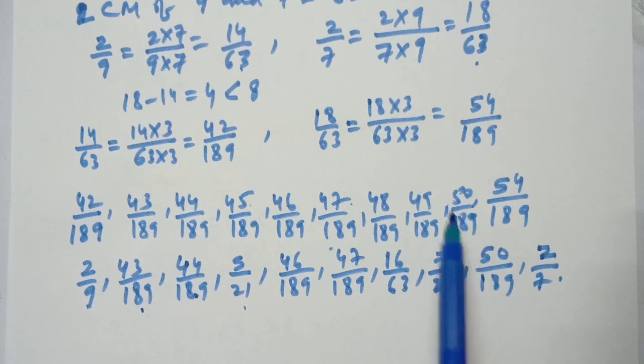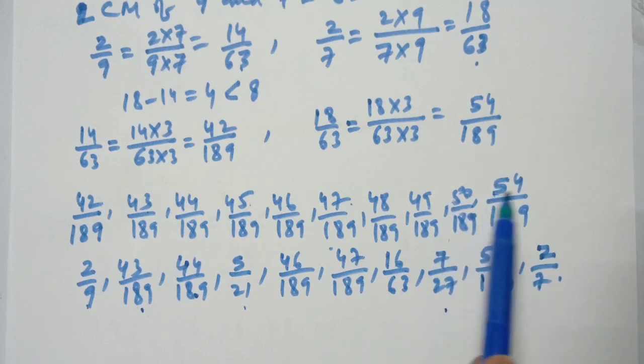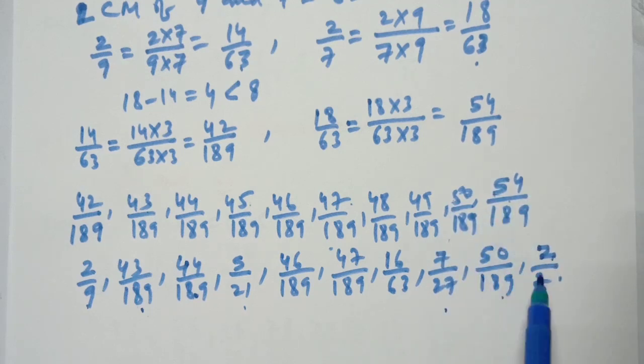Cancel the common factors in each. 50 by 189 stays, and 54 by 189, you cancel 27, so it becomes 2 by 7. So all these numbers are in simplest form, so we got 8 numbers.